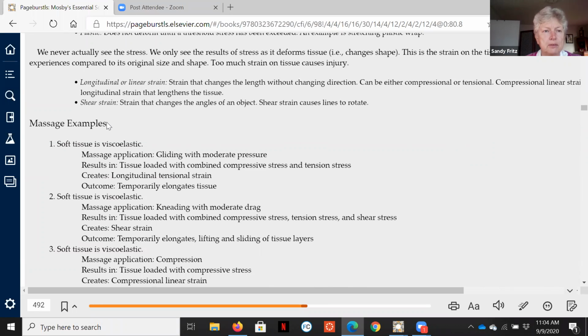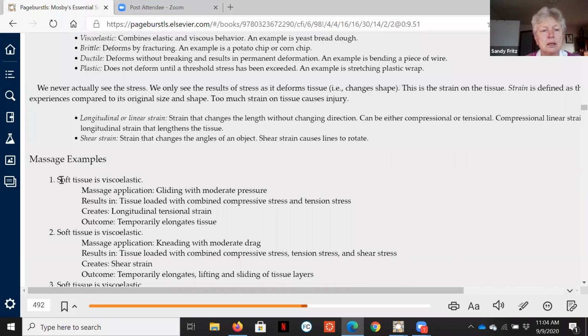One of the principles here is that soft tissue is viscoelastic. It's a lot like silly putty and Play-Doh, and even bread dough is viscoelastic.